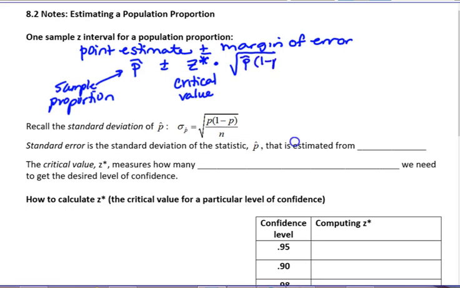This is going to be multiplied times the standard deviation of the statistic, only we're going to call it the standard error of the statistic. And the reason we use that term is because it's slightly different from the standard deviation of the statistic.